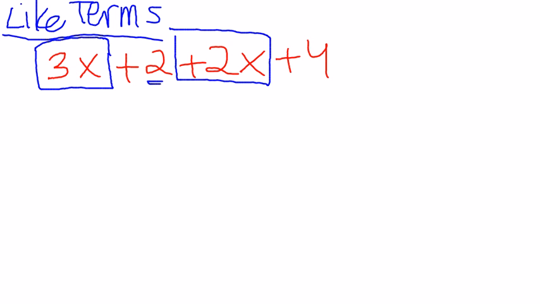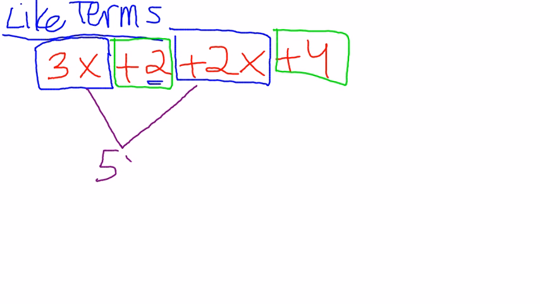We also have a positive 2 and a positive 4. Our plan is to combine these and do a little simplification. I can combine the 3x and the 2x to get 5x. That should make sense. And I can combine 2 and 4 together to get 6.